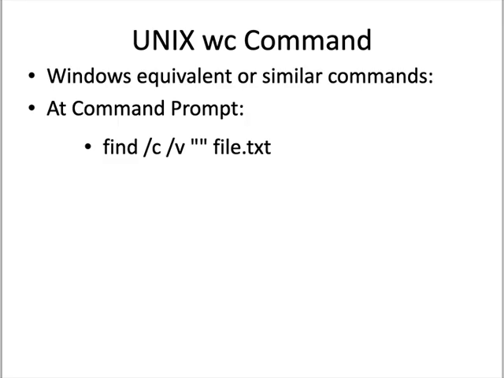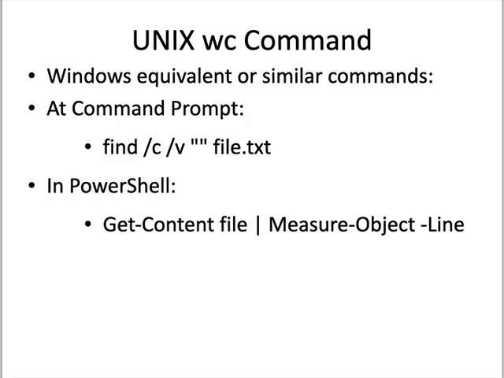If you're using PowerShell, you can use the get-content command. You can use file, and then that pipe is, we'll see, part of I/O redirection that came from UNIX. So type out the contents of the file and then pipe that into measure-object, and the thing I want to measure is the number of lines in the file.